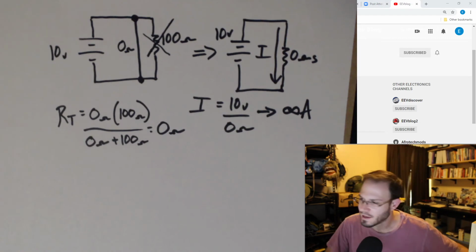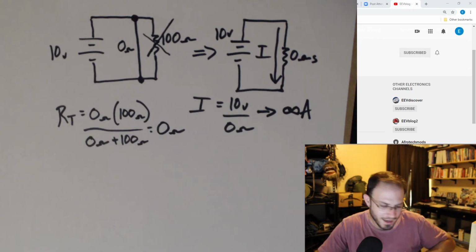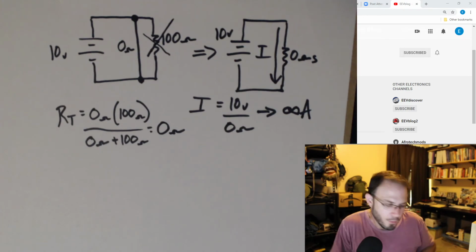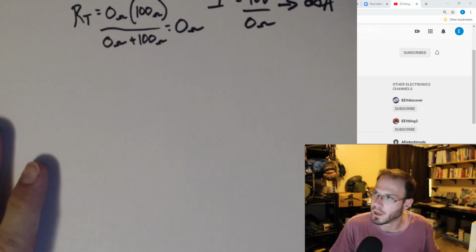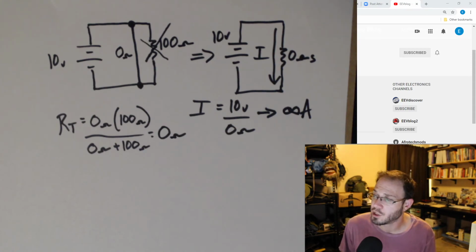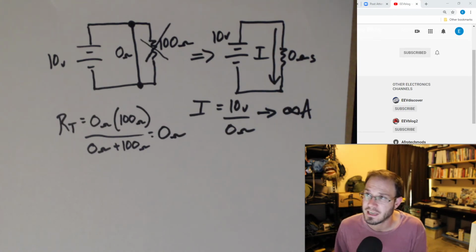Okay. So, getting back to shorts, I'll do one more example of a short. A short does not immediately mean that I'm going to get infinite current and I'm going to damage stuff. It is possible to have a short and actually still be in a safe condition.